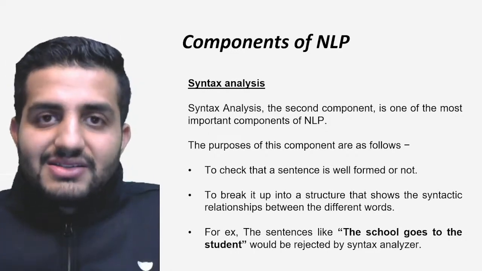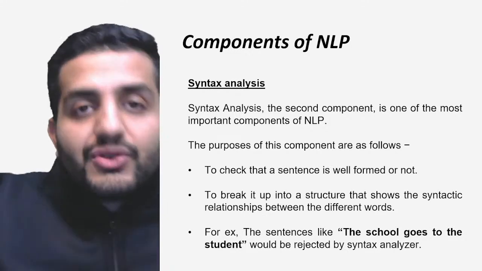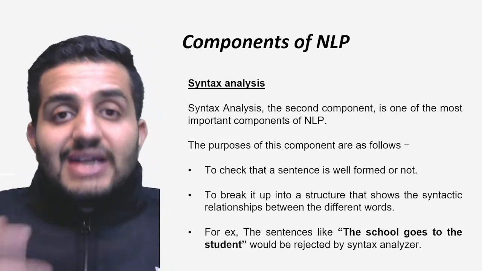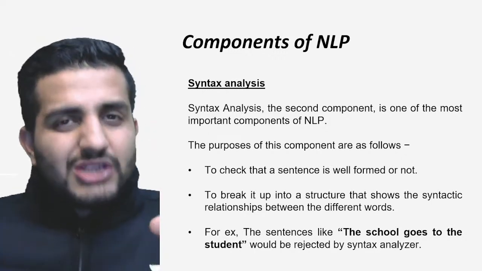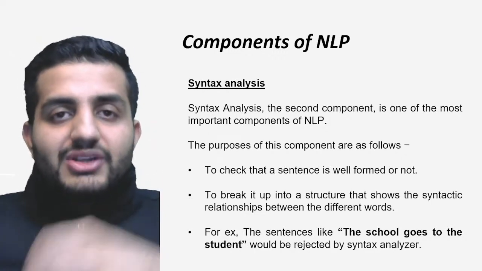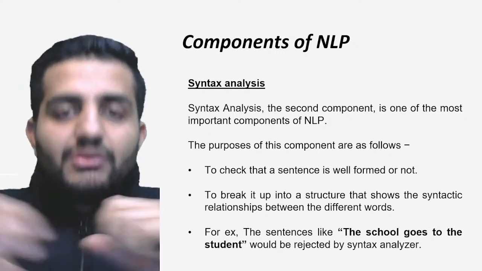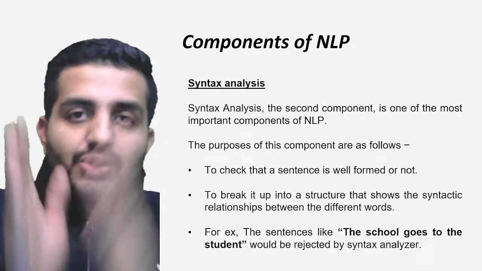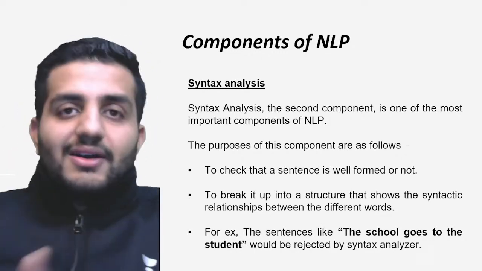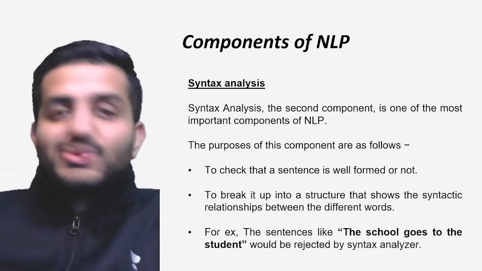So the school is related to student, but student should come before school, right? That's how it is able to identify the relationship between your individual tokens. "The school" is one token, "goes" is another token, "student" is another token. So to find out the relationships, it is able to decode that students should go to school, not school going to student, right?